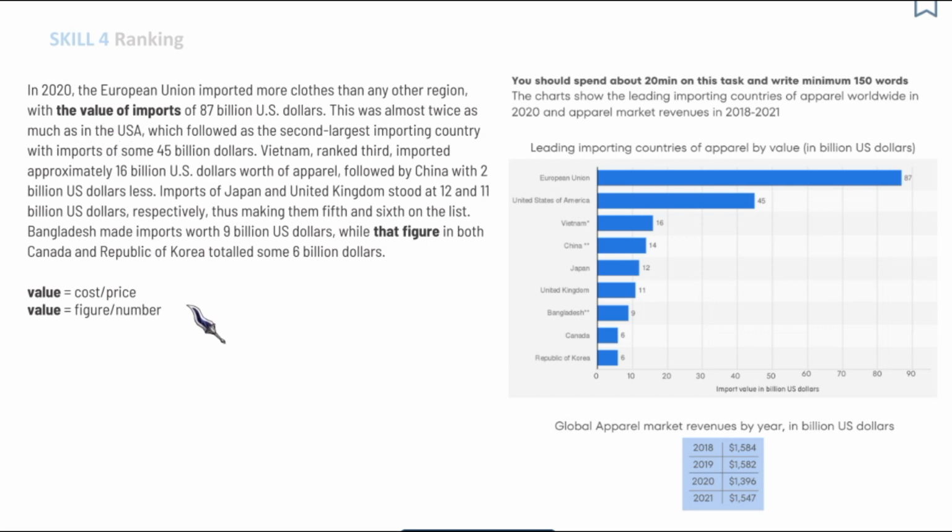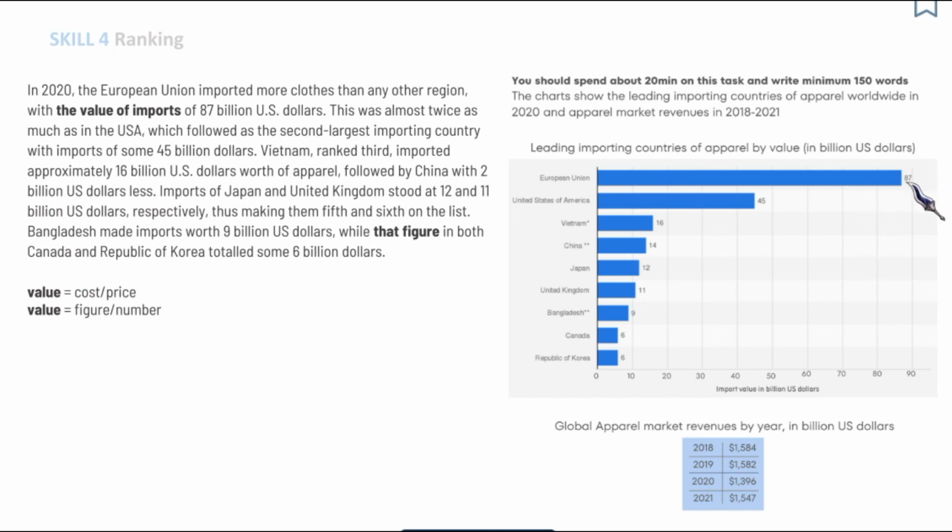Value has multiple meanings, and in our reports we can use at least two meanings of this word. So the first is cost or price. And if we look at this example here, with the value of imports of 87 billion US dollars, the value here means cost.